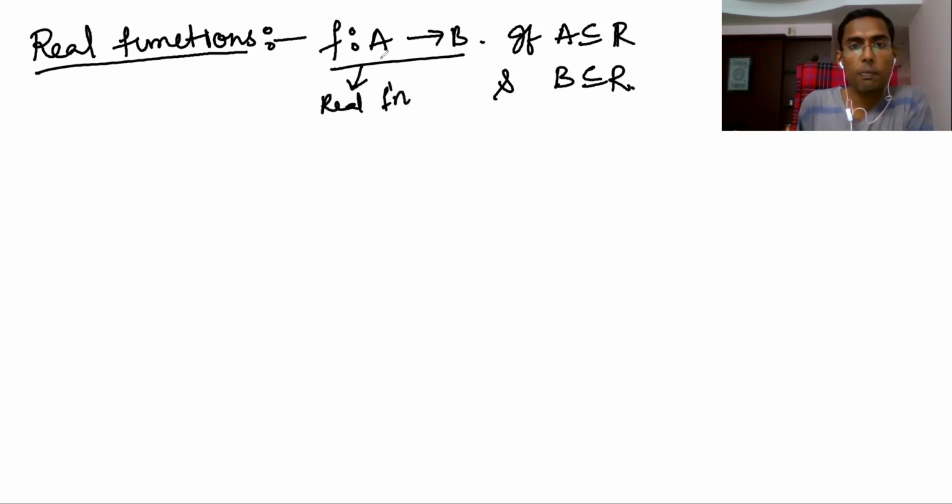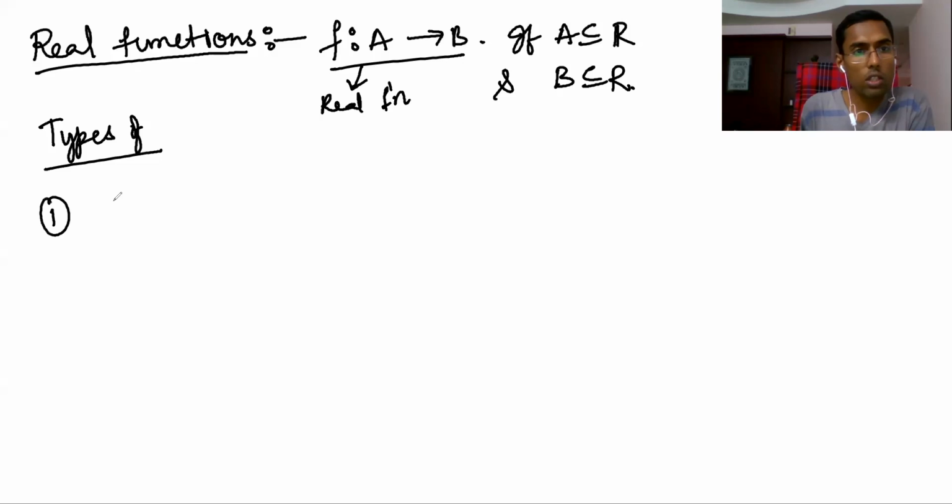So f is a function from A to B such that A is a subset of real numbers, B is also a subset of real numbers, then f is called a real function.